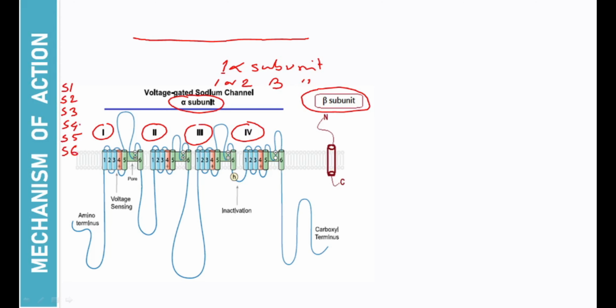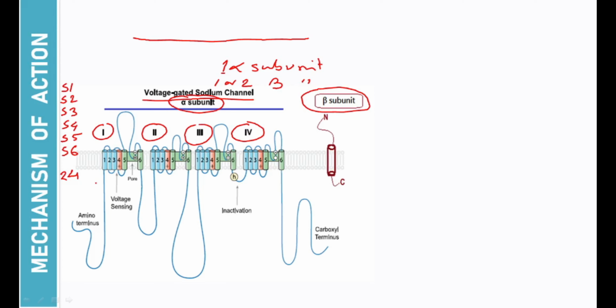Each domain consists of 6 segments, which are again connected by loops. So in total there will be 24 segments in the alpha subunit of the voltage gated sodium channel.